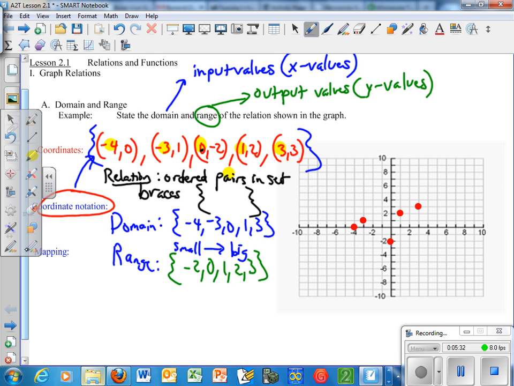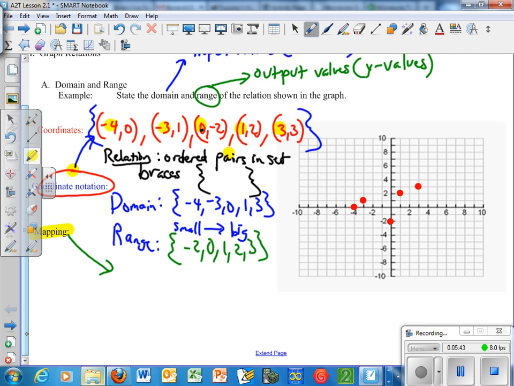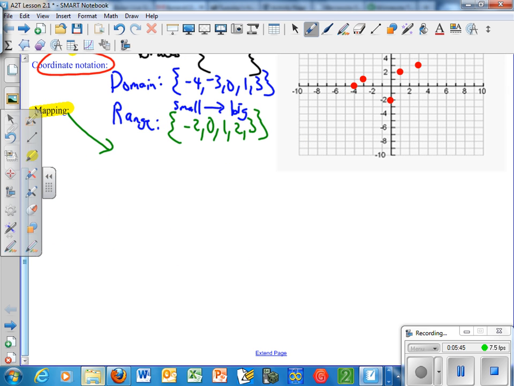Okay, the last thing we're going to talk about here is the mapping. When you're mapping, it's how the domain is mapped to the range. So here's the mapping.